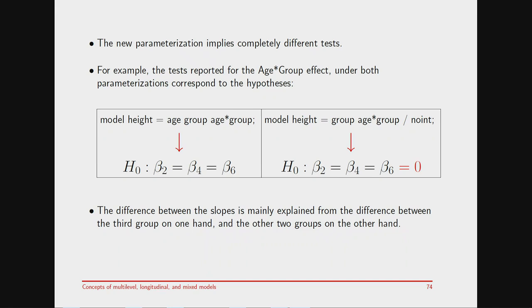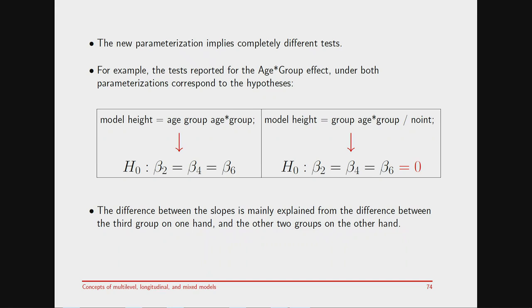It's the difference between the first and the second slope, comma, and now you specify a new contrast. The difference between the first and the third slope, semicolon. And then you would test these two hypotheses simultaneously. So then you would test whether beta 2 minus beta 4 is equal to 0, that's this one, and whether beta 2 minus beta 6 is equal to 0, simultaneously.